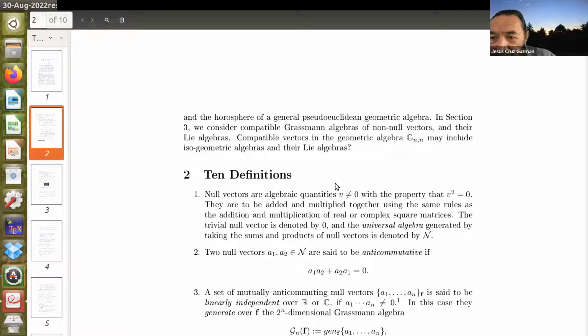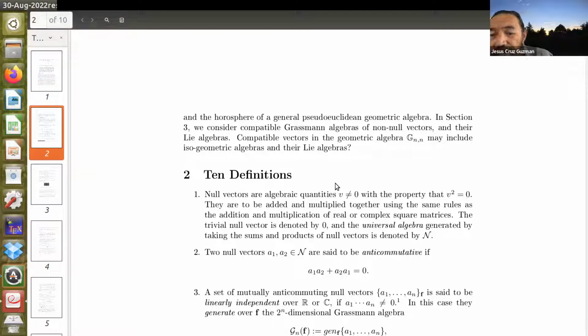But if you take the inner product, you go down to scalars, to reals in this case.